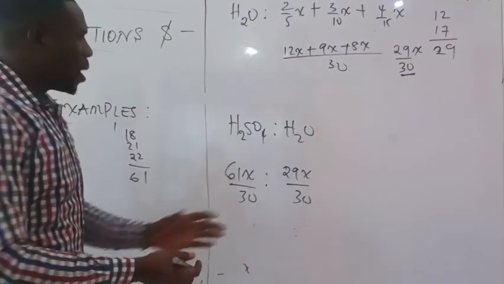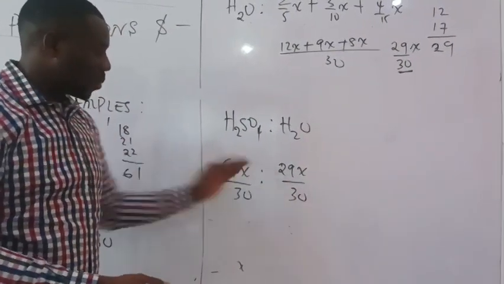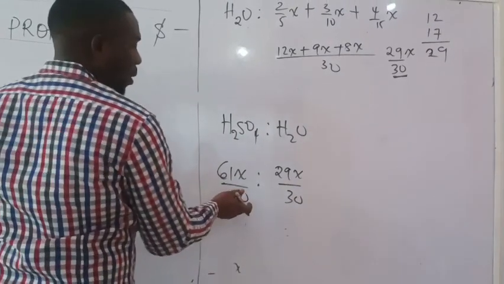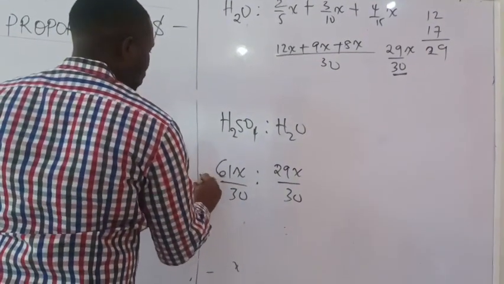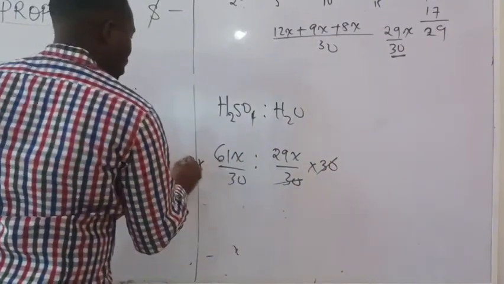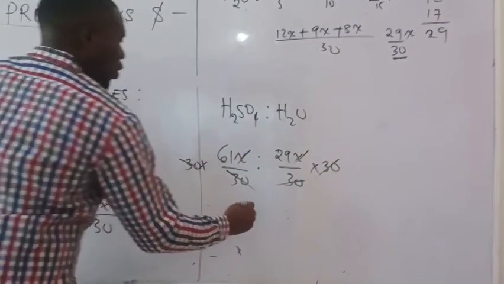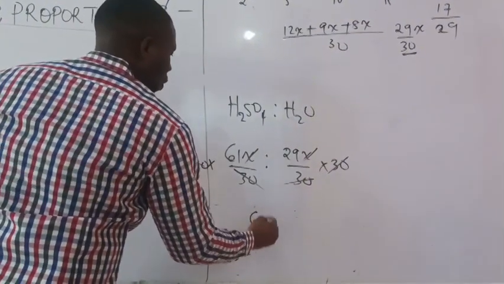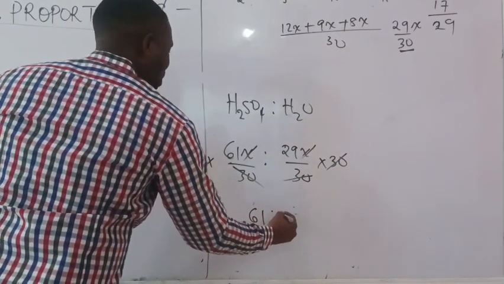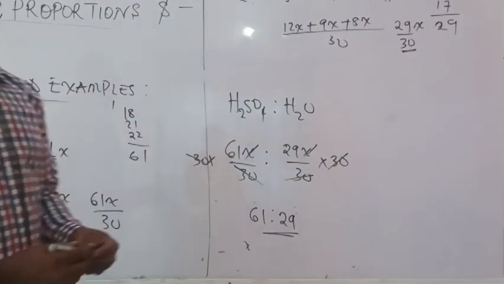And of course, I could delete this denominator by multiplying both of these with the denominator, that's 30. Once I do that, the 30 deletes out, and of course I could also delete the x. So the ratio of sulfuric acid to water, if all were mixed, will be 61:29. Of course, I can't reduce this further.